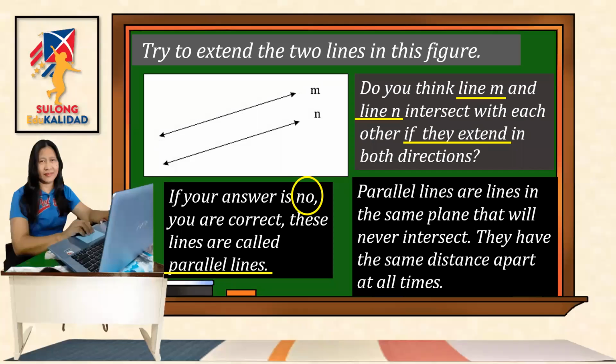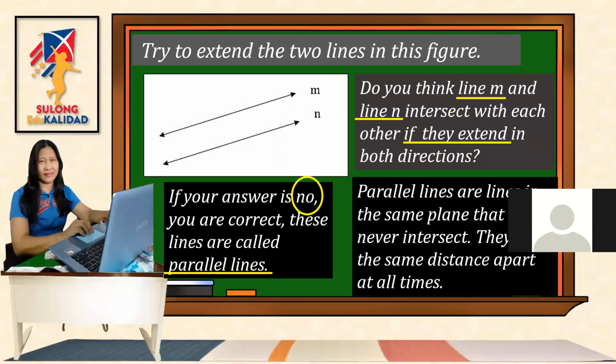Parallel lines are lines in the same plane that will never intersect. They have the same distance apart at all times. Okay, very good. So, parallel lines will never intersect with each other.